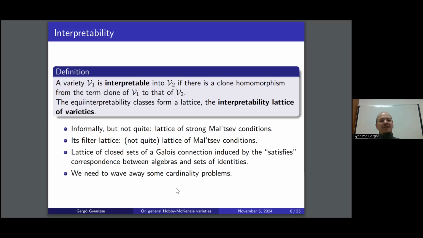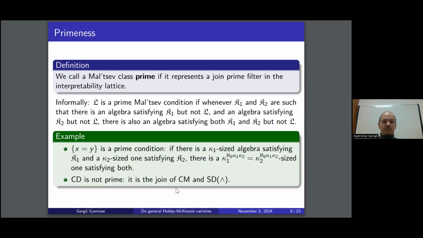So it's a little tricky to talk about this lattice, because its underlying set is not really a set, but this can be waved away by some tricks, such as taking maximal cardinalities or a maximal number of terms in the signature and some stuff. I like to wave away these problems. So we can talk about the interpretability lattice like it's one concrete thing.